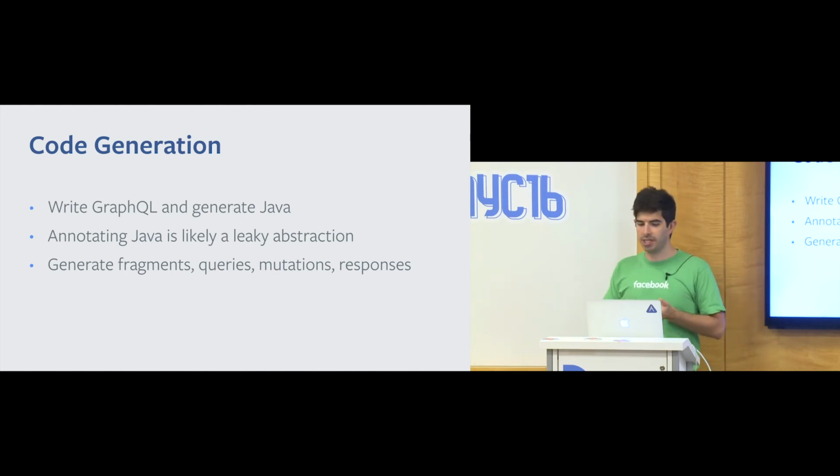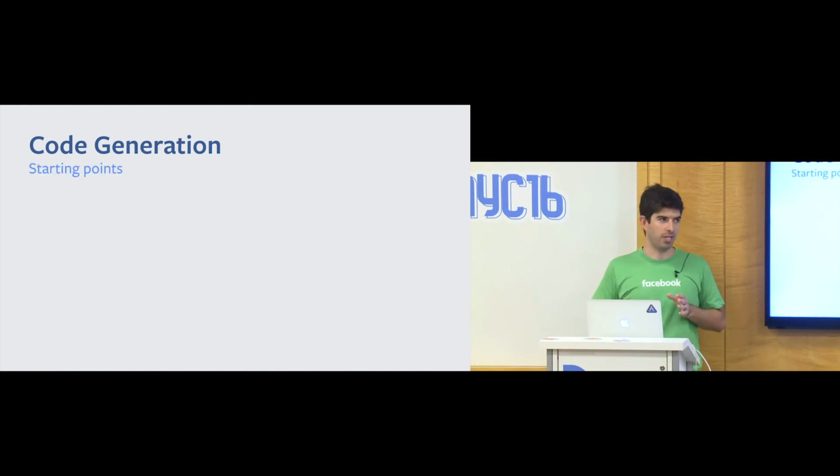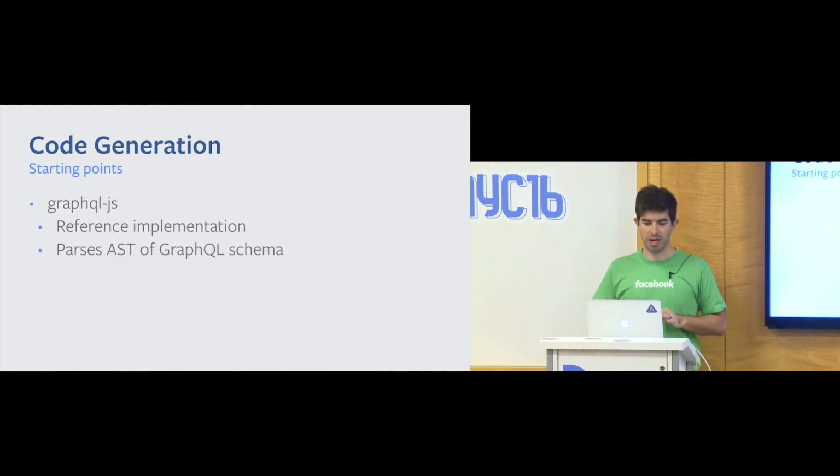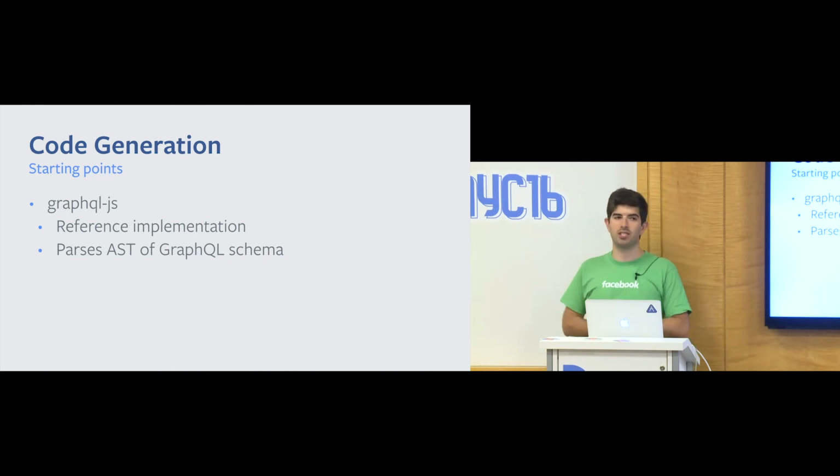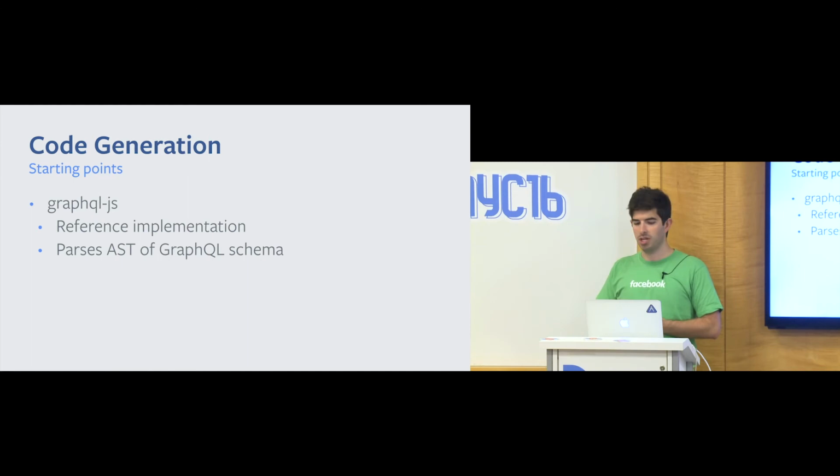So if you're interested in looking at that, there are a couple starting points. You're not totally starting with a blank slate. GraphQL.js is the reference implementation in JavaScript that Facebook has open sourced. It actually builds an abstract syntax tree of the GraphQL schema that you can use. And it's also the basis for everything that Facebook does for code generation, so it's well maintained. And that's really nice.